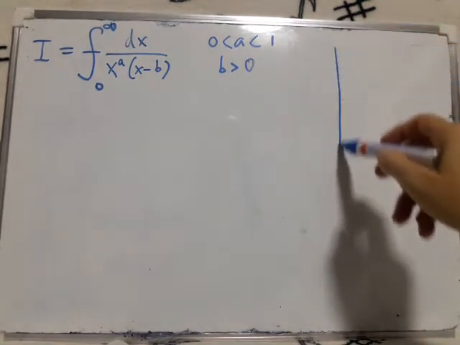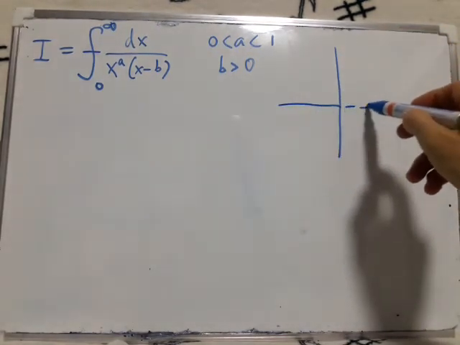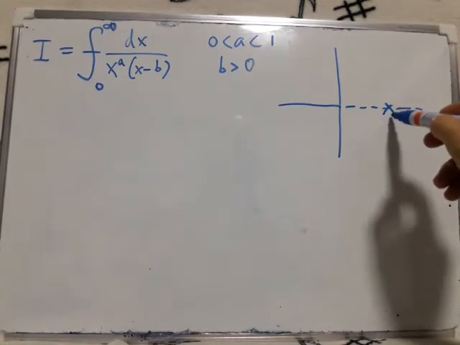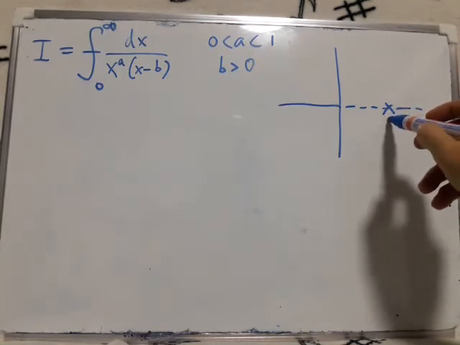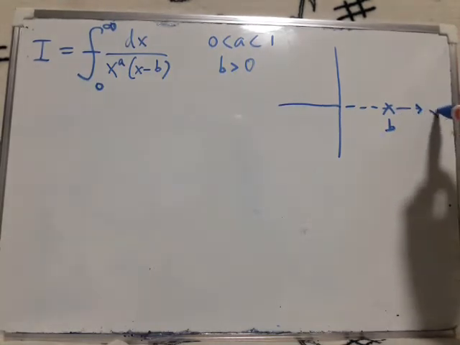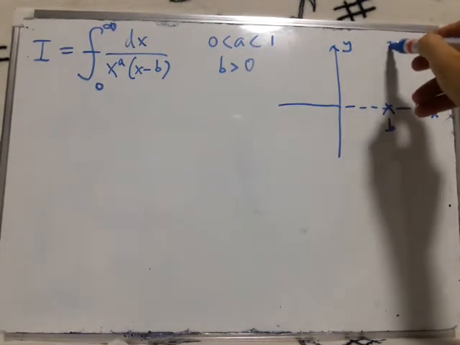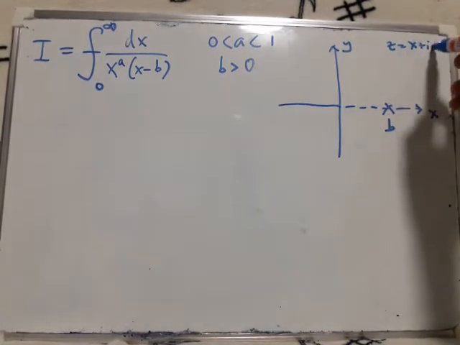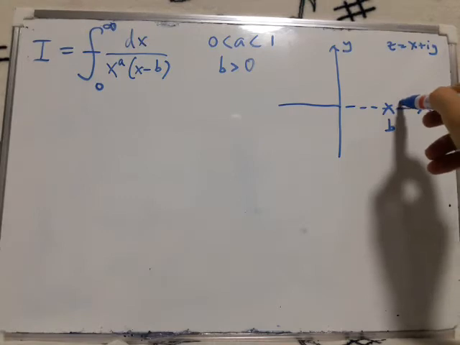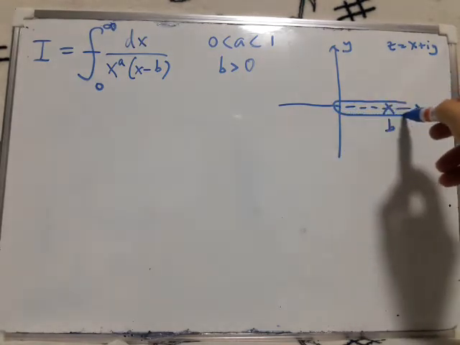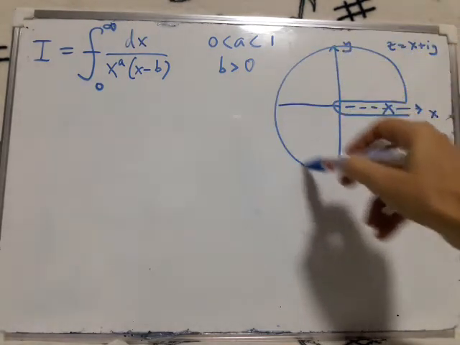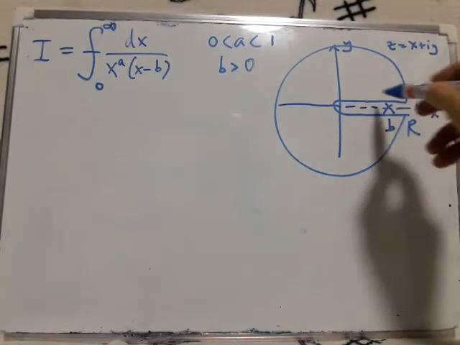So our contour will look something like this. This is B. And our contour would look something like this. We do a nice circular contour, radius r.